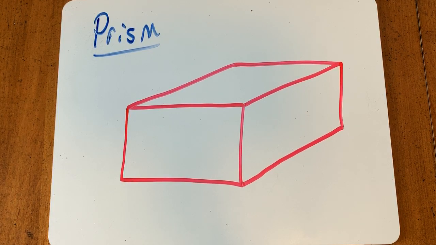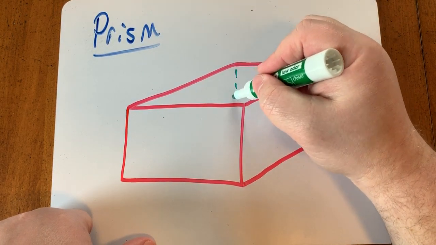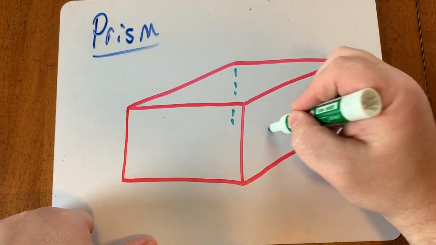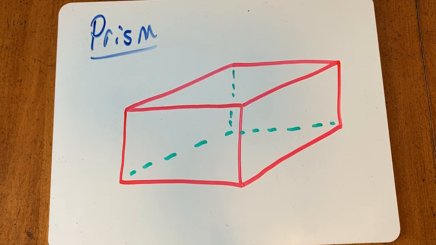Now, when we sketch these, we also like to draw in the hidden lines, the edges that you wouldn't see. So this is a rectangular prism.